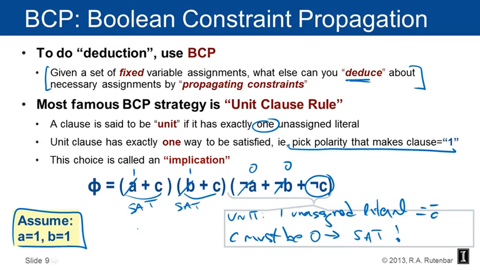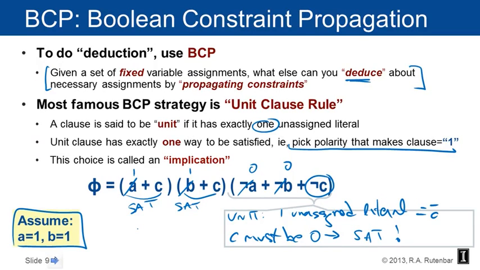It turns out that in gigantic CNFs for real industrial circuits, you get to deduce a zillion of these unit clauses. You get to deduce a zillion variable values. It's really what drives the SAT process forward in any real SAT engine.